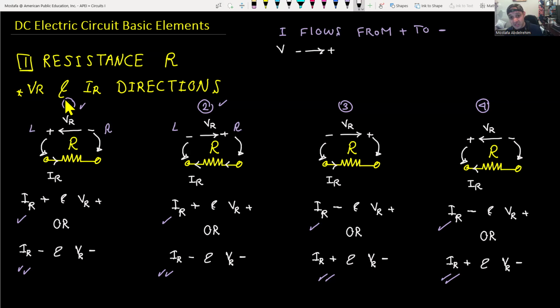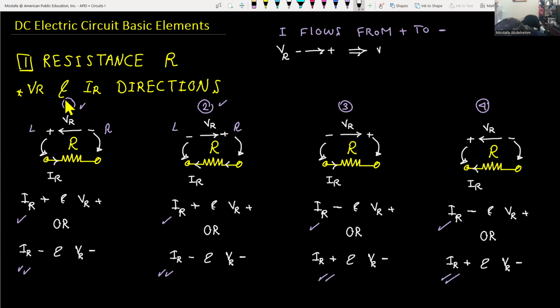And what it means, say the resistance has 5 volt, for example. That means that the positive terminal of the resistance has more voltage, 5 volt extra, than the negative terminal. Okay? So let's call this VR.